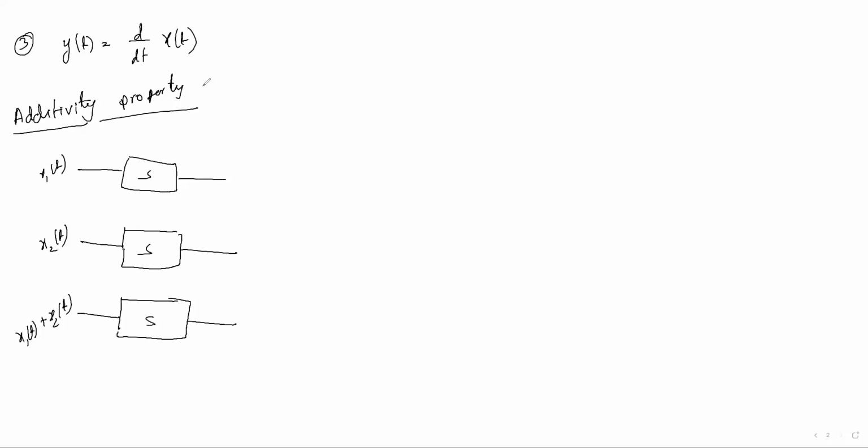Otherwise, we cannot say this is linear if any one property has failed. Both satisfy, sir. Okay, then it is linear. Both the properties satisfy, then you can say this is a linear system.